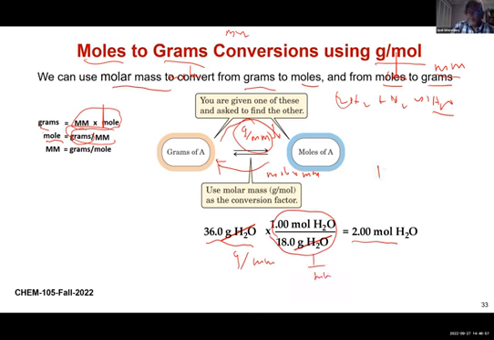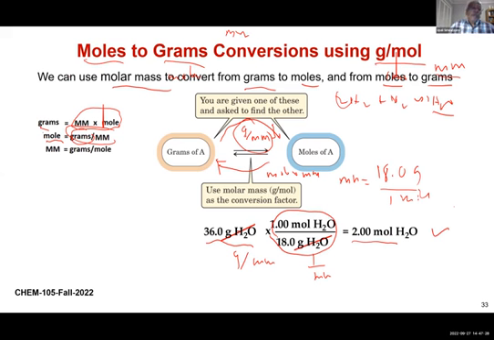Normally the molar mass for water is 18 grams per 1 mole. This is the inverse of molar mass. This 18 is at the bottom. This is the factor-label method. You have to cancel grams of water to get the moles of water. That's how you do the calculation.